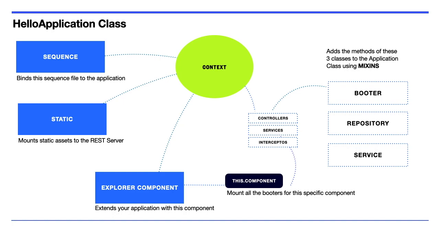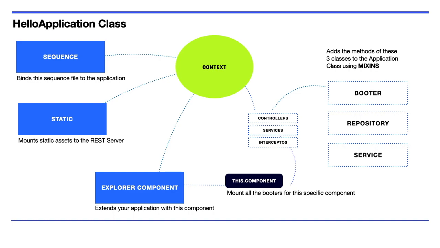It's binding to the context. Whenever you find this static, it's mounting static assets to the REST server. Whenever you see, for example, the explorer component, this in reality is doing 2 steps. One is registering the component into the context, and the second one is mounting the booters. It is plural because, for example, there is a booter for a service and a booter for a repository.